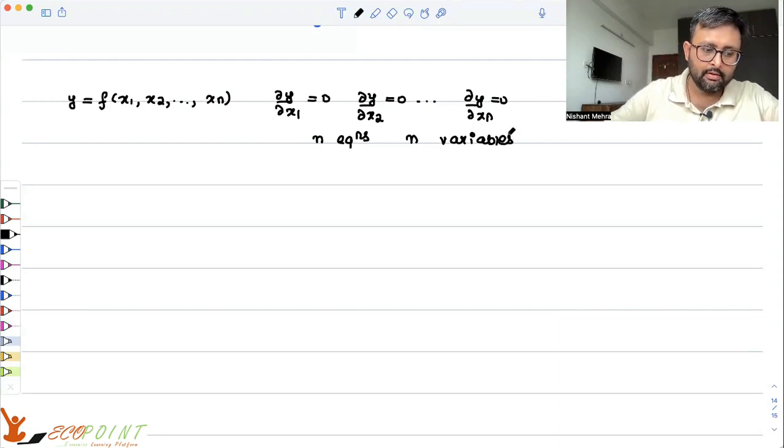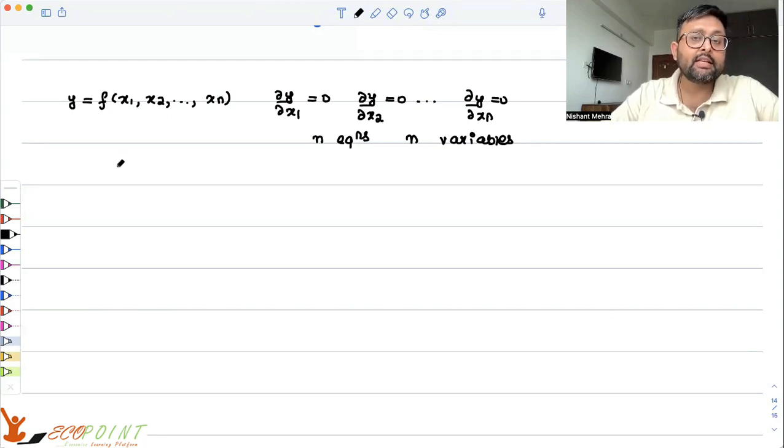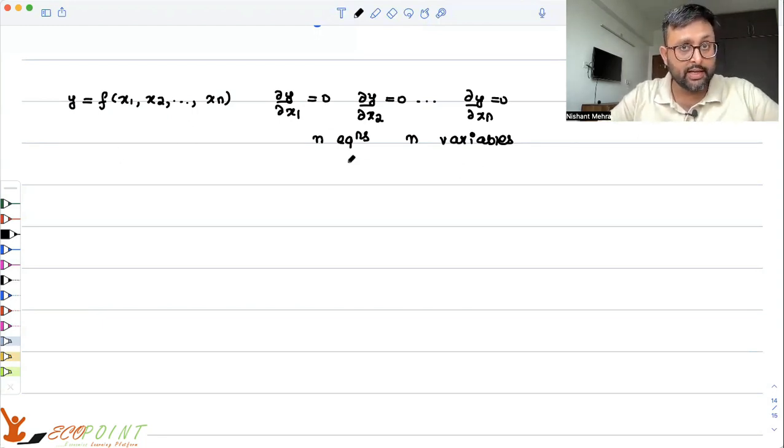But when x's are constrained, there is one additional equation. So this is the case of the unconstrained optimization. But when x's are constrained, there is one additional equation.